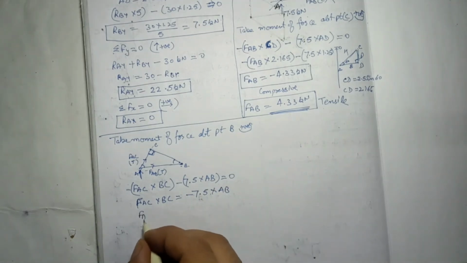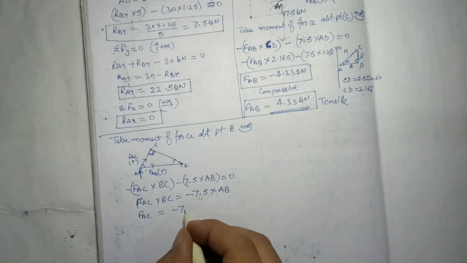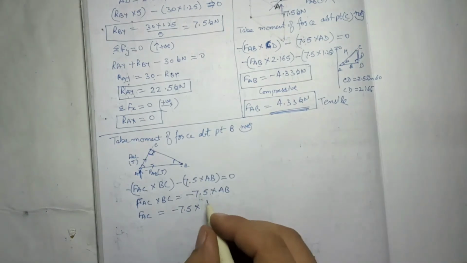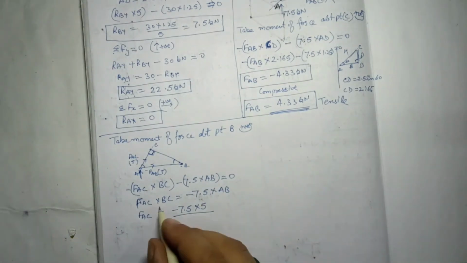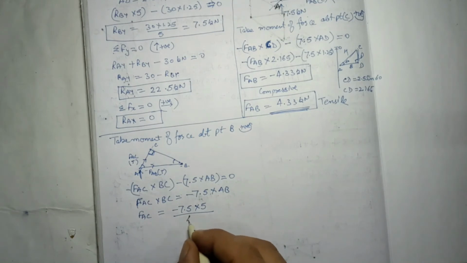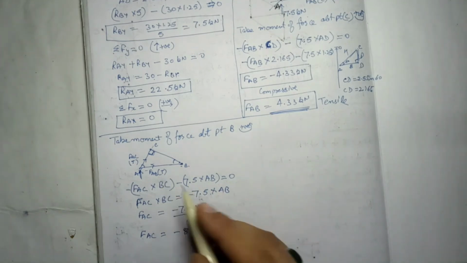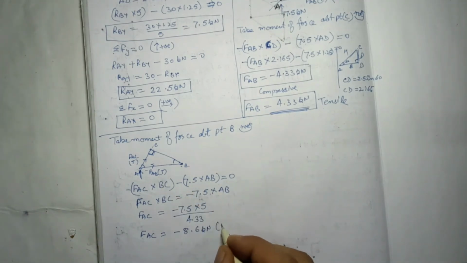So FAC, which we have to calculate, is equal to minus 7.5 into AB. AB we have calculated, that is 5. BC we have also calculated, that is 4.33. So FAC we are getting is equal to minus 8.6 kilonewton, and we had assumed FAC to be tensile, but the value is coming negative.